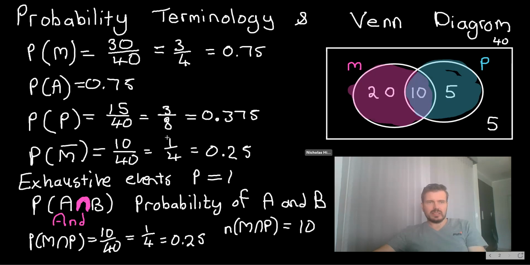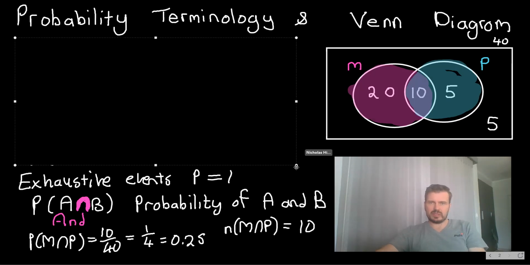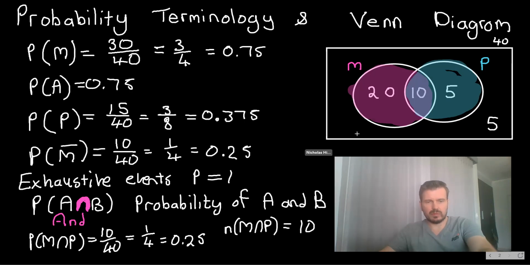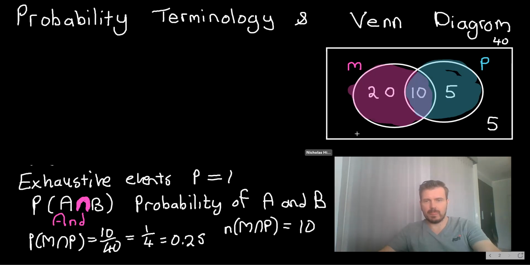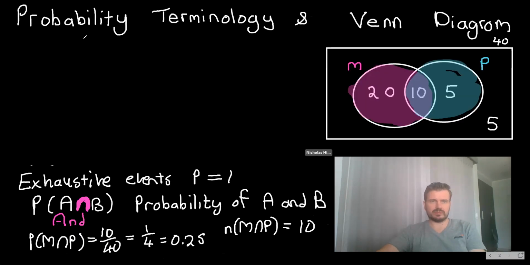Okay, let's make a bit of space. And let's go through a couple of things now with the rules that they tell you. So you may see this: probability of A or B. Okay, well, this is one more notation.